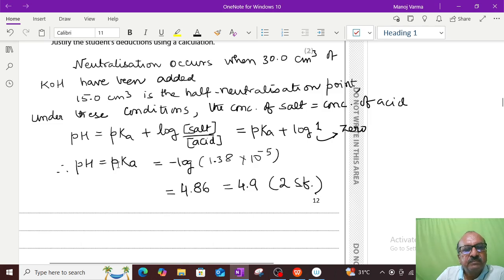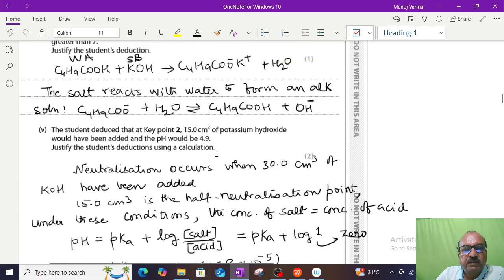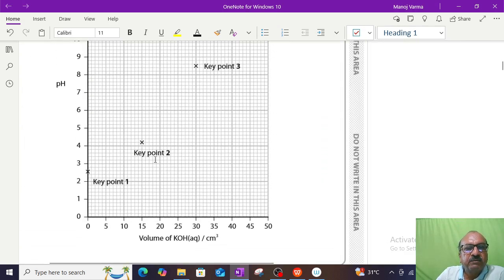So you can find out the value of pKa given the value of Ka, and you get 4.86, which is approximately 4.9, to two significant figures, and therefore the pH at the half equivalence point, that is the key point 2, would be 4.9. So this is the concept of the half equivalence point, and how at half equivalence point the pH becomes equal to pKa.